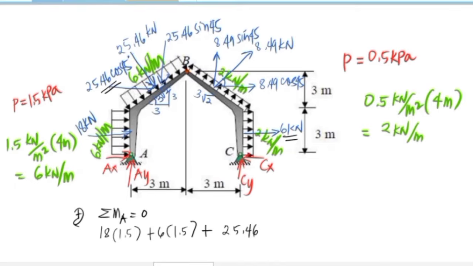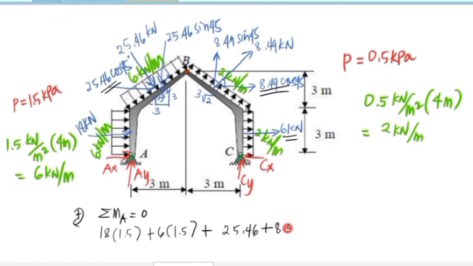Since pareho sila ng height ng 8.49 cosine 45 na component, horizontal component nung 8.49 sa leeward side natin, so therefore pwede na natin silang pagsamahin.